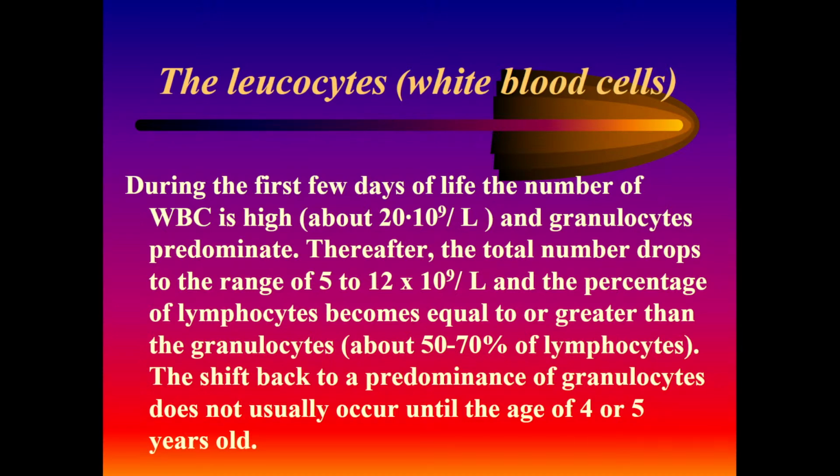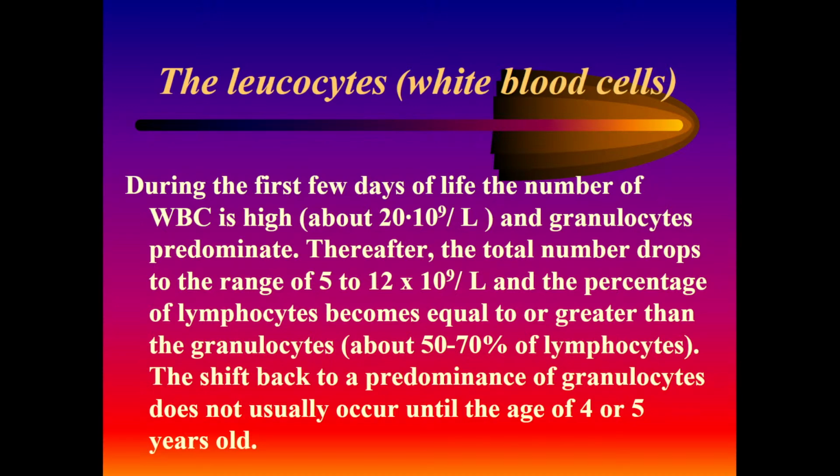Thereafter, the total number drops to a range of 5 to 12 in 10 to the 9th degree per liter, and the percentage of lymphocytes becomes equal to or greater than granulocytes, about 50–70% lymphocytes.